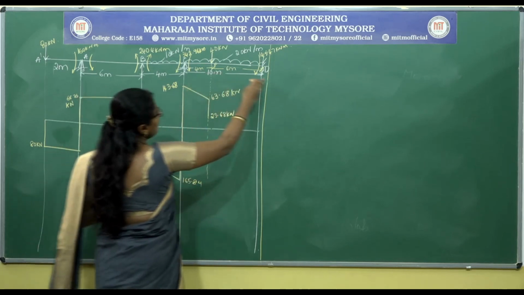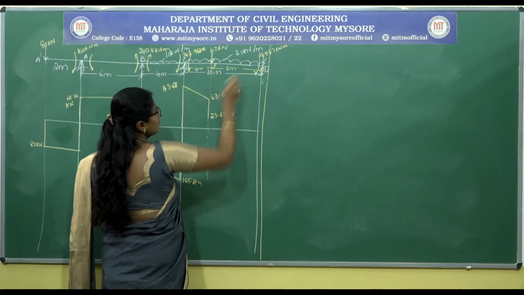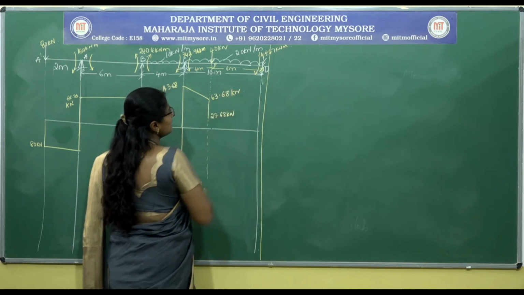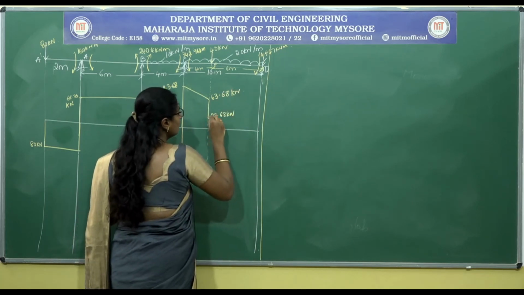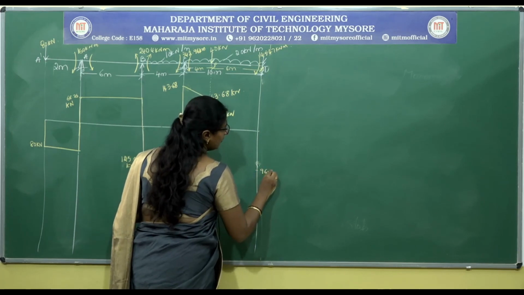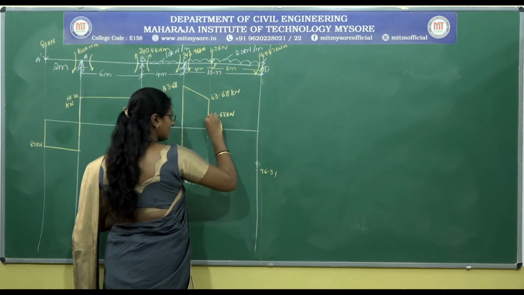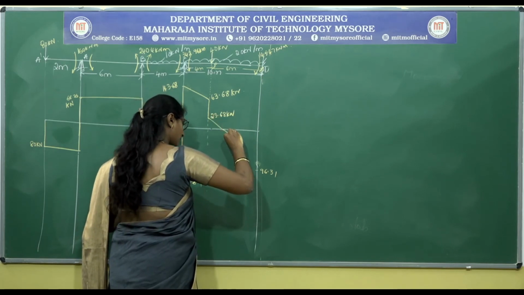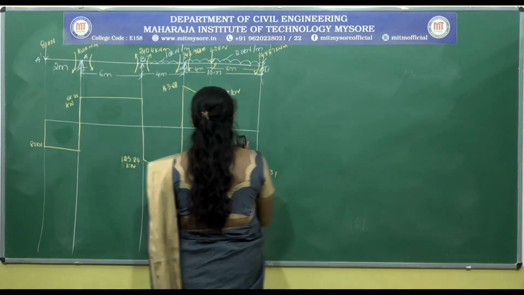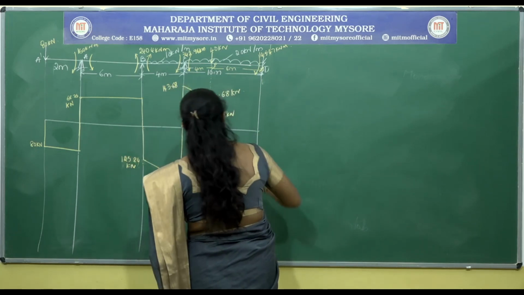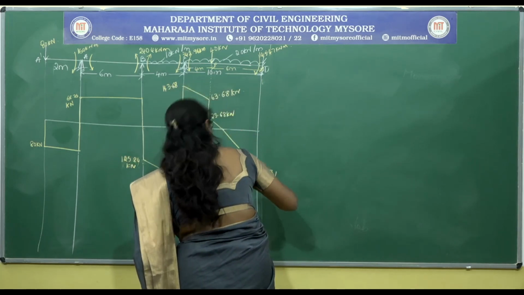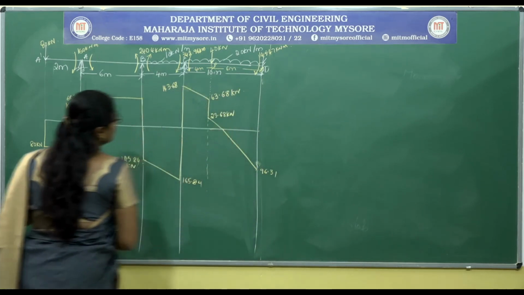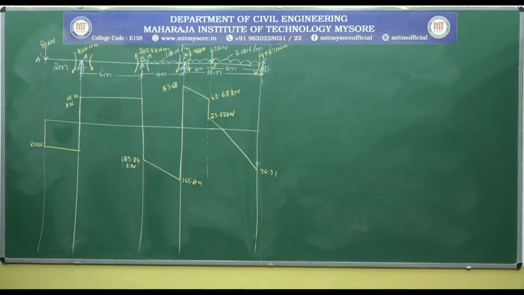Then between F and D, it is 20 kilonewton acting at a span of 6 meters. So 23.68 minus 20 into 6, it is 120, will give you 96.31. So join this. Okay, this is the shear force diagram.